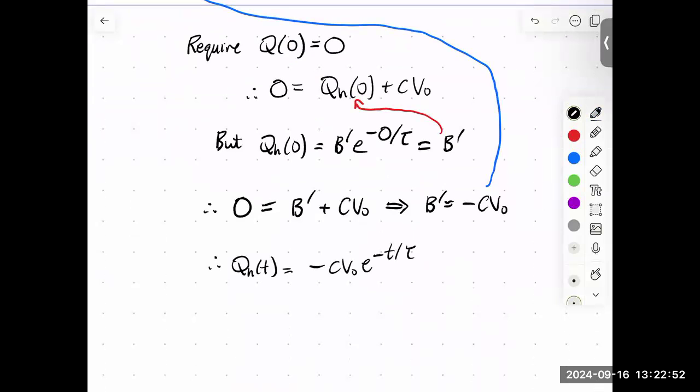Okay. That means our total charge that we're trying to find is this QH, the homogeneous solution, plus the equilibrium charge, CV naught.